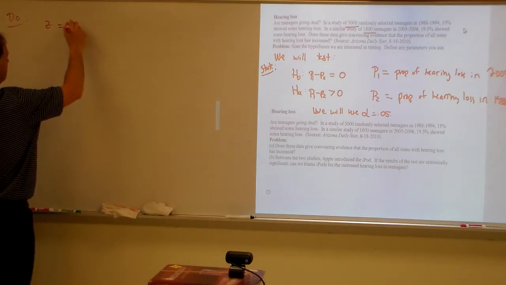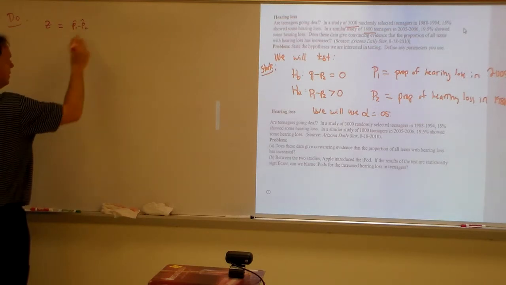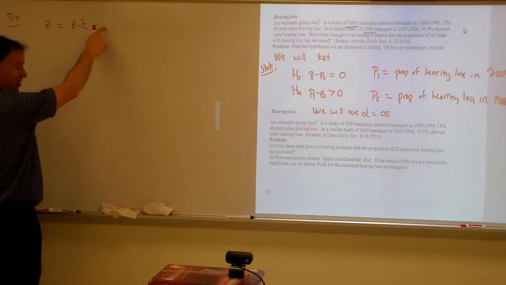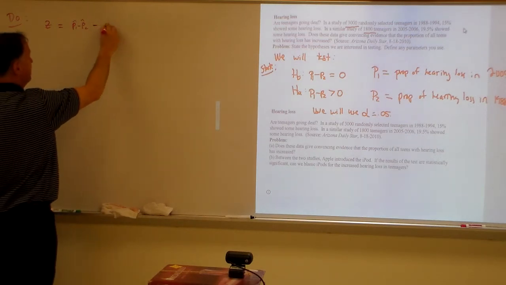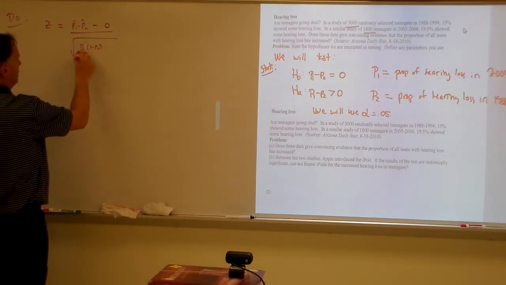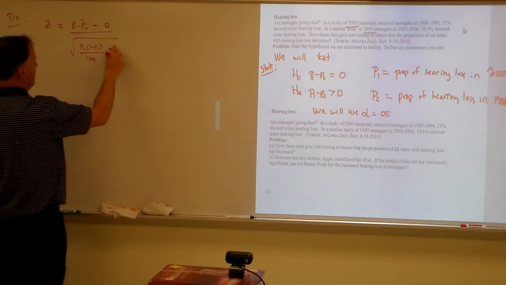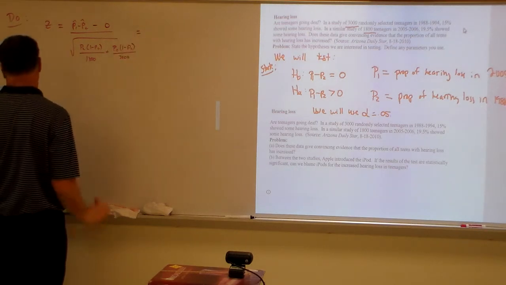So it's going to be p-hat 1 minus p-hat 2 minus our difference, our mean, that's going to be 0, over the square root of the pooled proportion over 1,800 and the pooled proportion over 3,000. And that's going to give me a z-score.